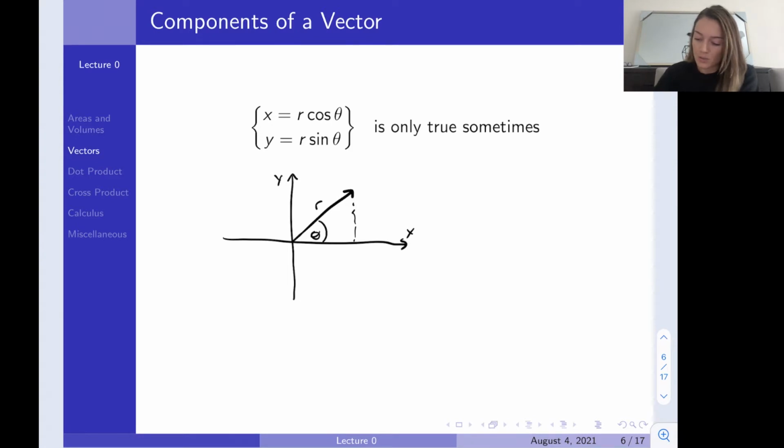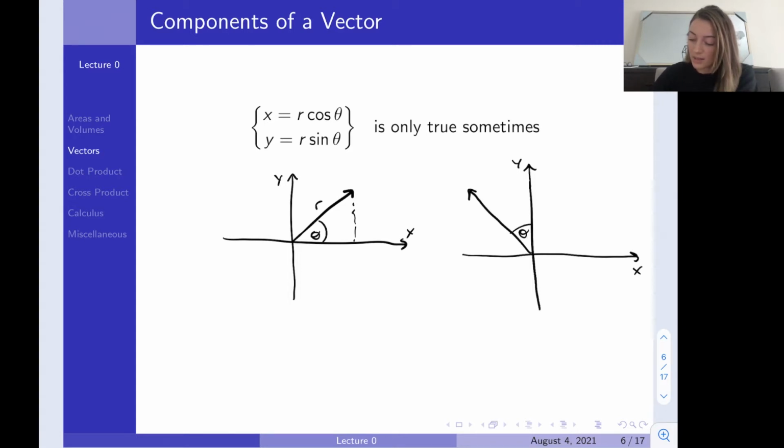But let's say we have a vector like this. So let's say our vector is actually going in this direction, and let's say we have this angle here as theta. Well, now remember SOHCAHTOA. So you can see that cosine goes with the adjacent side.